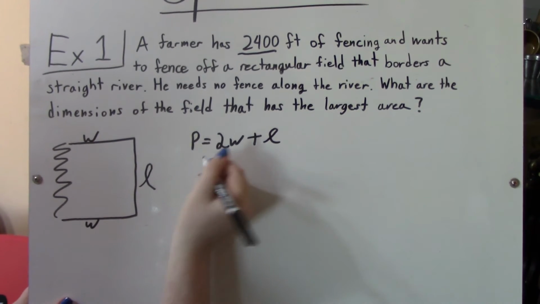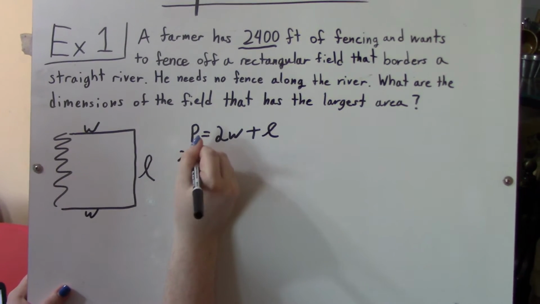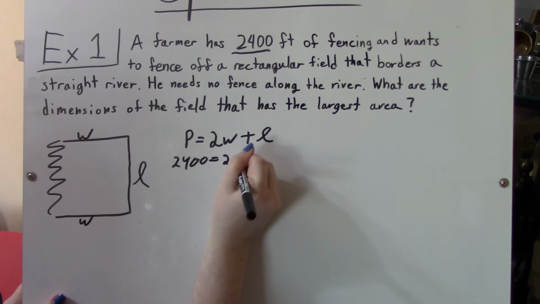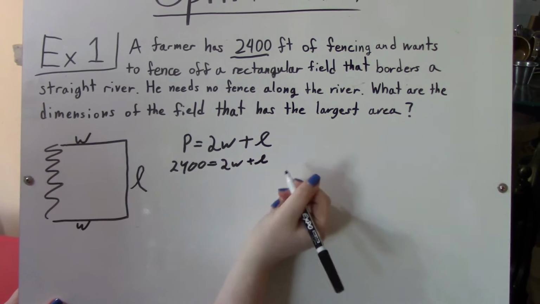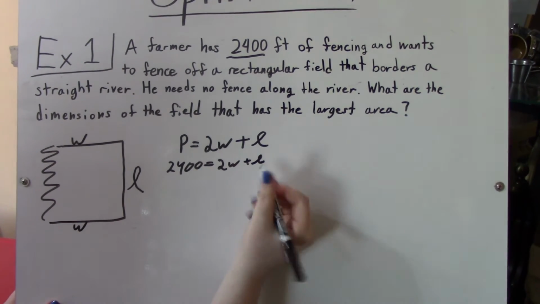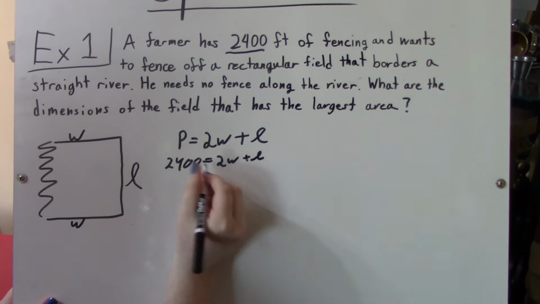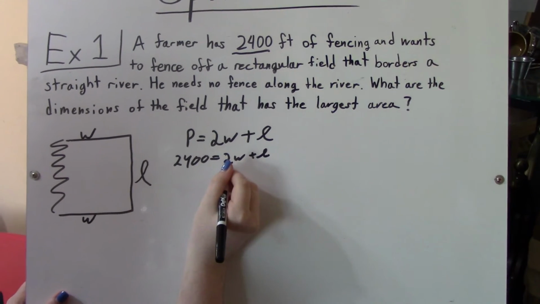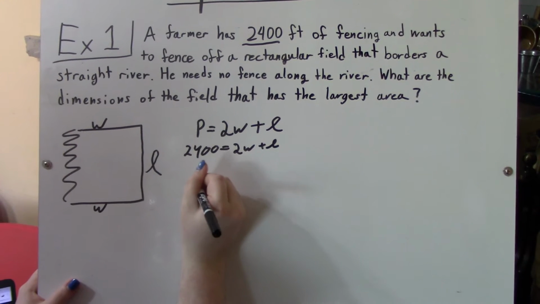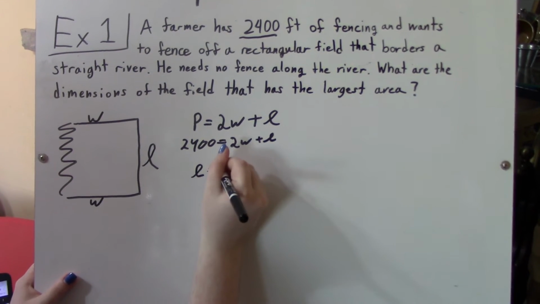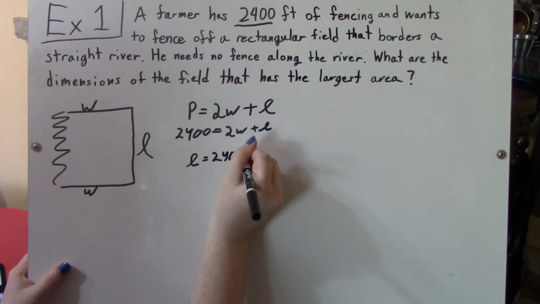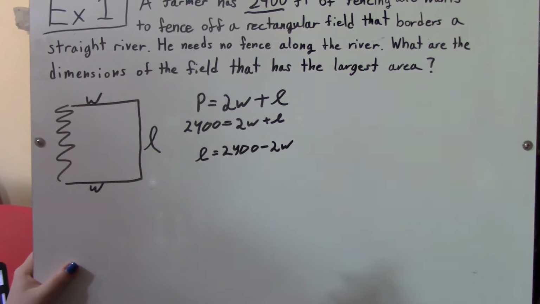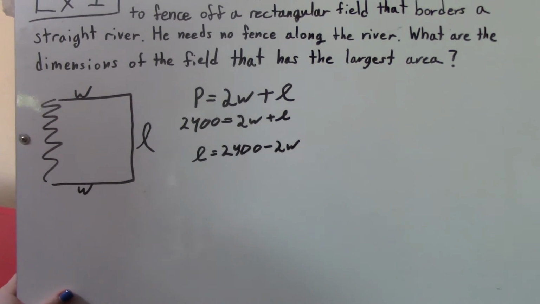Let's substitute the 2,400 for P, so 2,400 equals 2W plus L. We want to get a variable on its own, and since L is the only one, L is going to be alone. So we move the 2W to this side, and L equals 2,400 minus 2W.